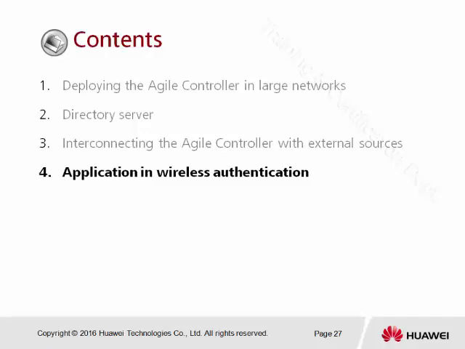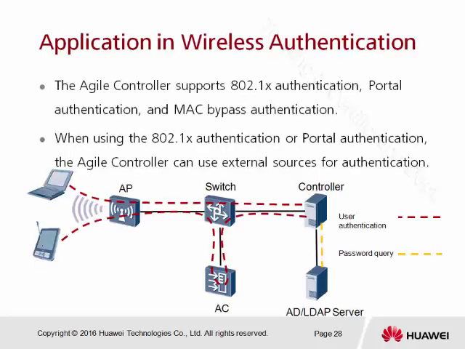And here is the last content, number 4, application in wireless authentication. From the previous slide, I did mention the Azure controller can support the 802.1x authentication and of course the portal authentication, plus the MAC bypass authentication.